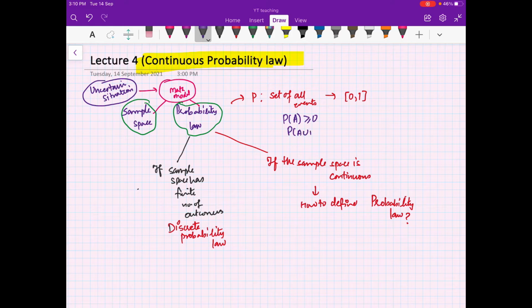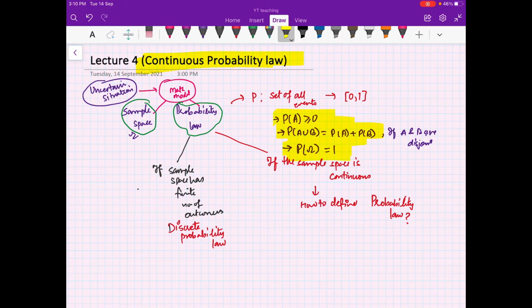Probability of A union B should be probability of A plus probability of B if A and B are disjoint. And the third one is that probability of the whole sample space omega should be 1, where omega is my sample space. We call these properties positivity, additivity, and normalization. These are the three properties which we expect from our probability law.